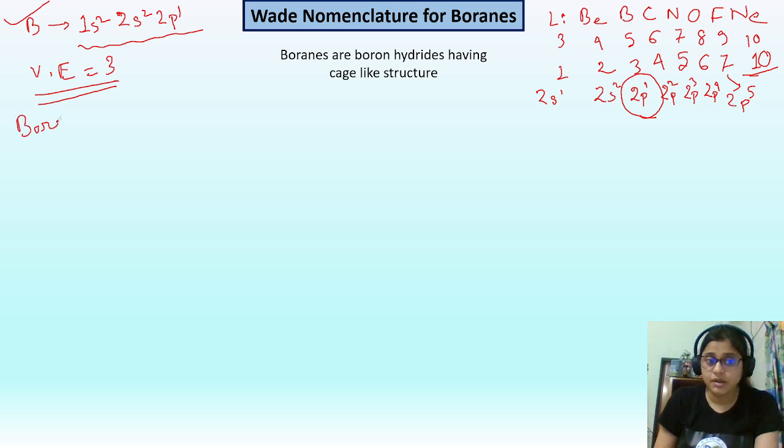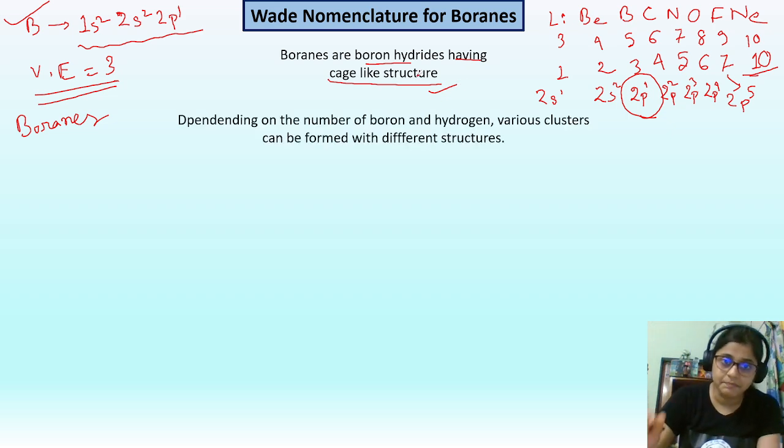Boranes are boron hydrides having cage-like structure. Boranes are boron hydrides having cage-like structure, because borane means boron plus hydrogen.